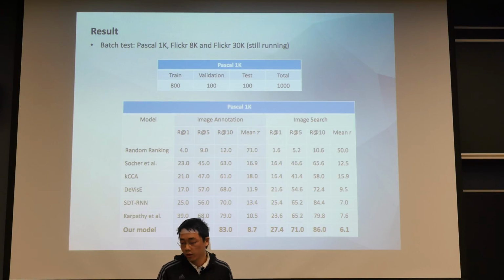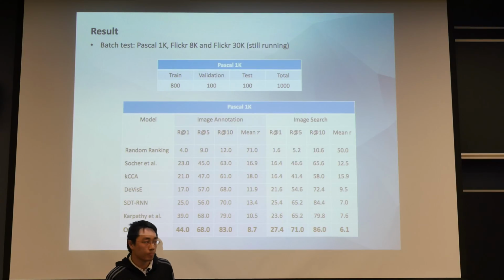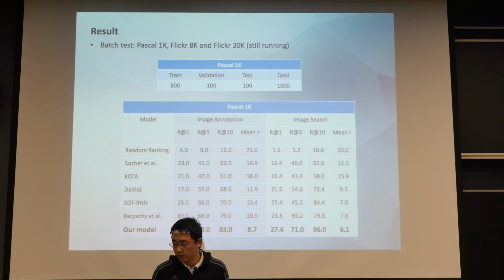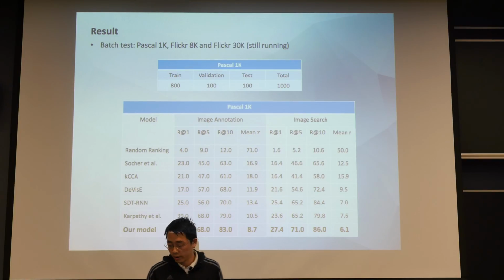For this percentage, the higher the better. The mean R means the average position at which we find our first best sentence in the ranking list, so for this index, the lower the better. The bold numbers show the best result across all existing methods.